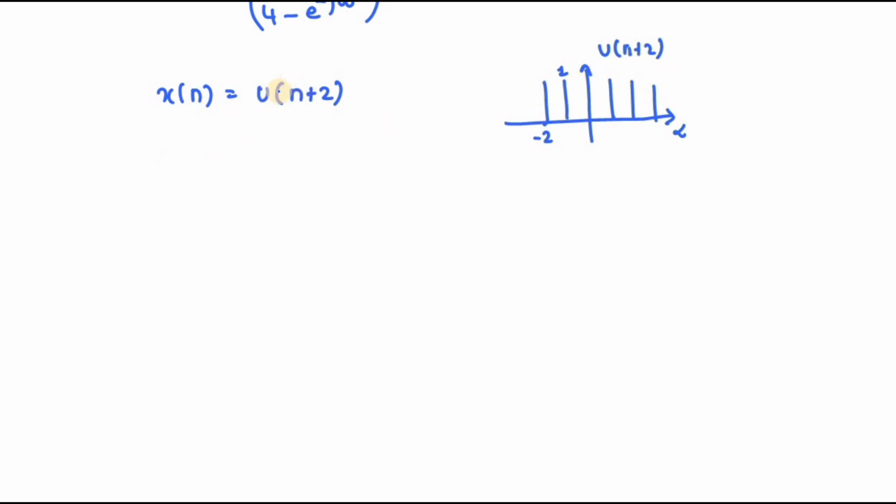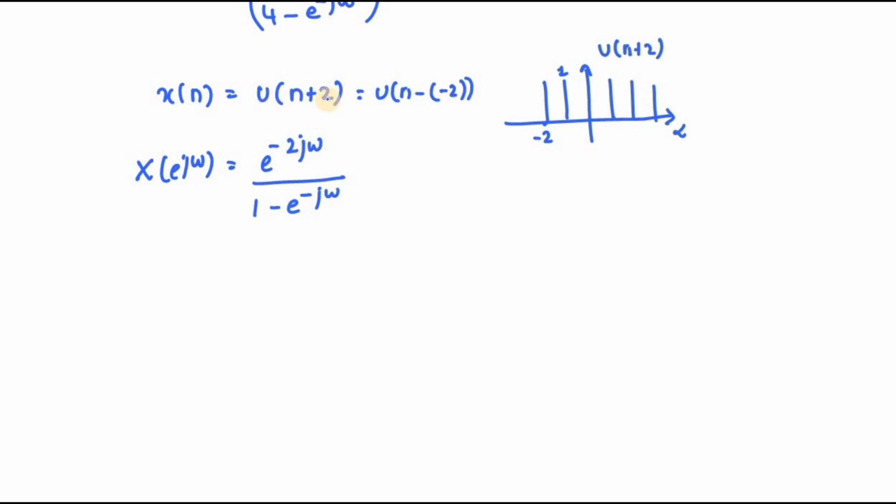Since the time gets shifted by u of n plus 2, I can obtain the X of e power j omega value as e power 2 j omega divided by 1 minus e power minus j omega.